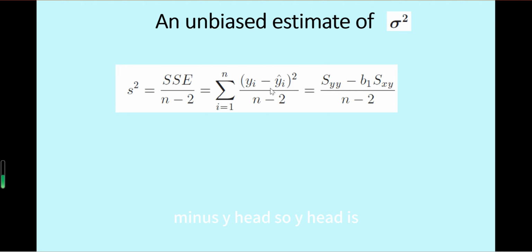So y hat is b0 plus b1 times x, right? So this is SSE, and SSE divided by n minus 2 equals S square. And SSE also equals Syy minus b1 times Sxy, and b1 is the linear regression coefficient estimate.